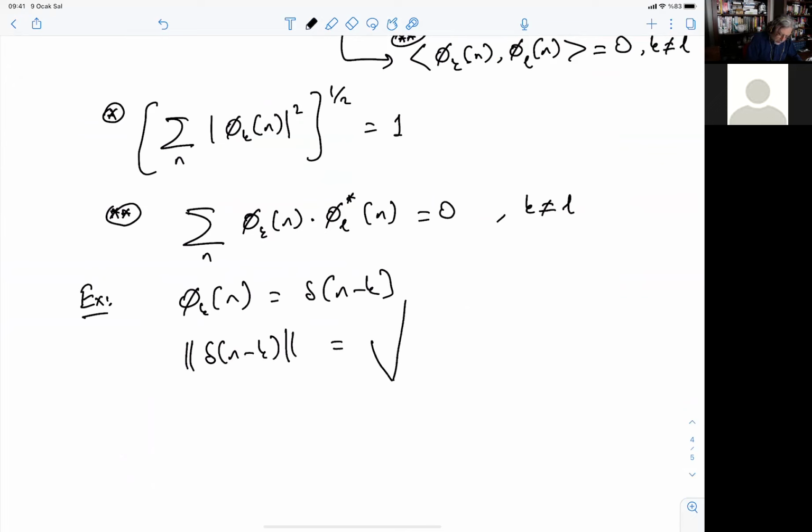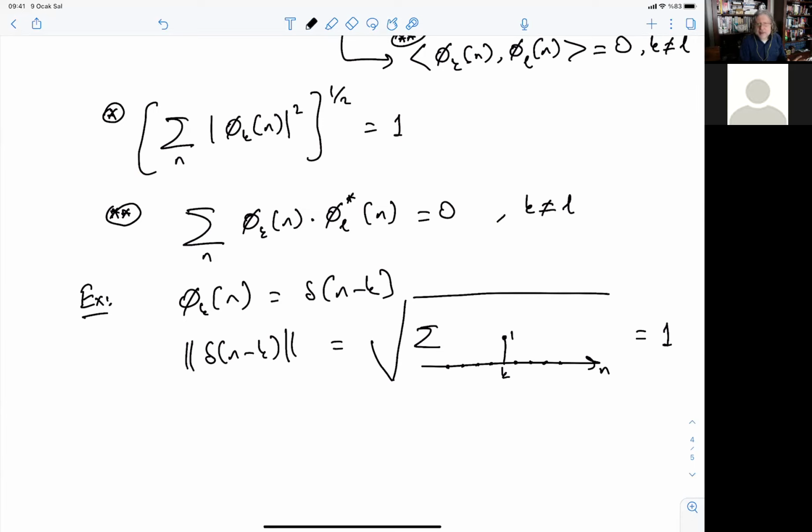It's the square root of the summation of all the samples squared, which are all zeros, 0, 0, 0, 0, except for one case, it is 1. And it's 1 at n is equal to k. So when you sum them up, it's infinitely many zeros plus 1 will give you 1. So the norm of the impulse is 1.